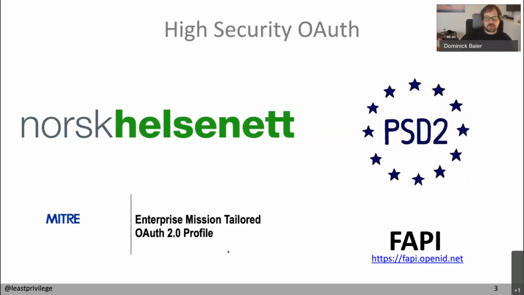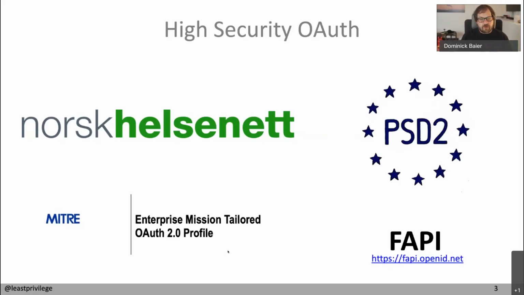Another industry which has similar needs, the banking industry, is working on a similar thing called FAPI, for financial APIs, and we in the health system are working on HAPI, which is for health APIs. And it turns out that something very similar happens in parallel in the States for government and enterprise OAuth 2 profiles.